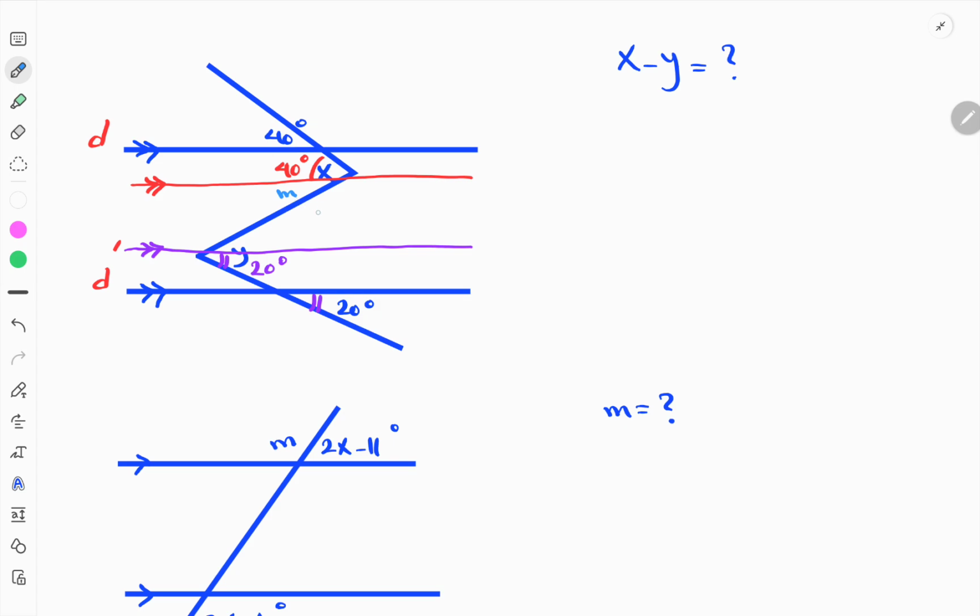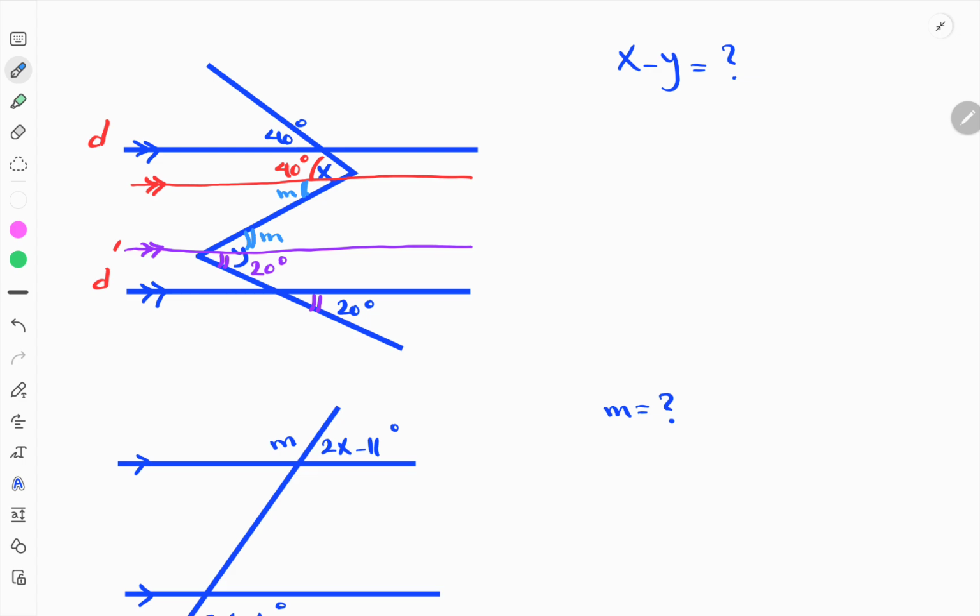Okay, you know that we don't know the size of this angle, but we know that this part and this part are equal in size because both of them are alternate angles.